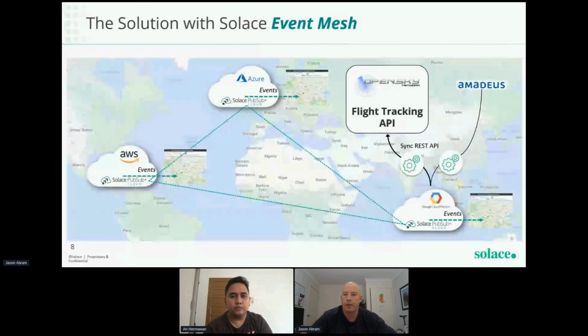We talk about JMS, MQTT, REST, WebSocket, AMQP, but Kafka is always asked as well because of this event-driven architecture craze now.